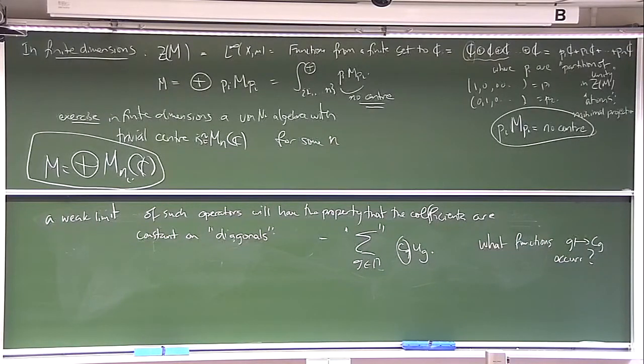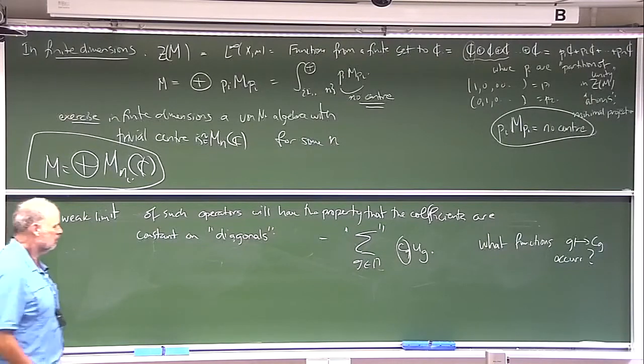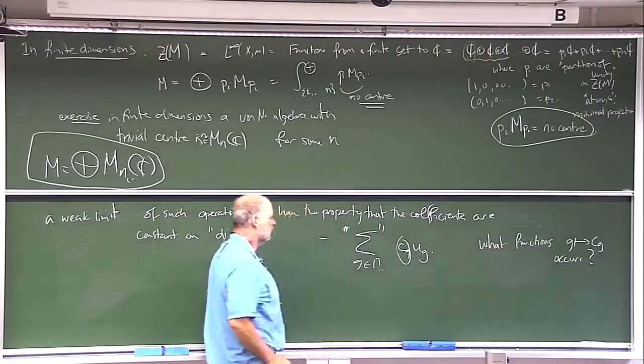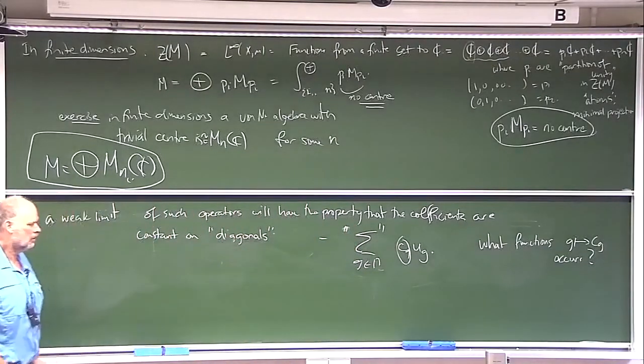Okay, now I want to come to the point. We've had this big digression. We've been very, very concrete. We've looked at operators as matrices, and we've gone from finite-sized matrices to infinite ones. The only thing we haven't really made sense of is in what sense that sum converges.